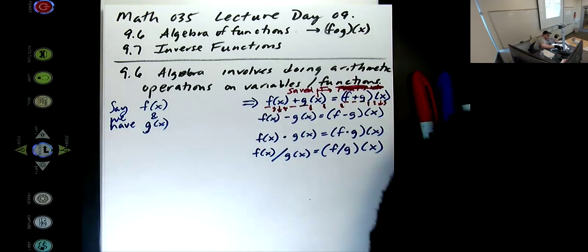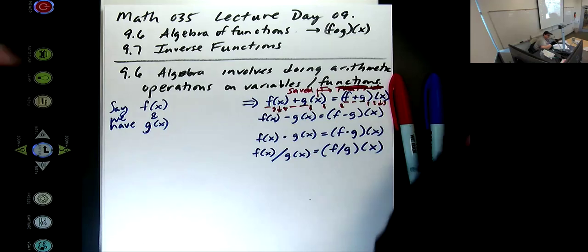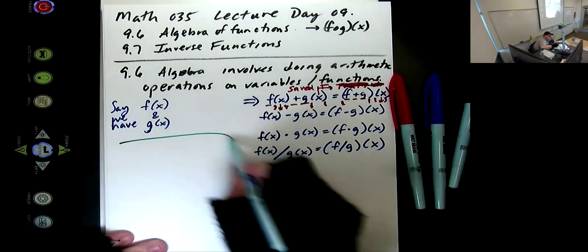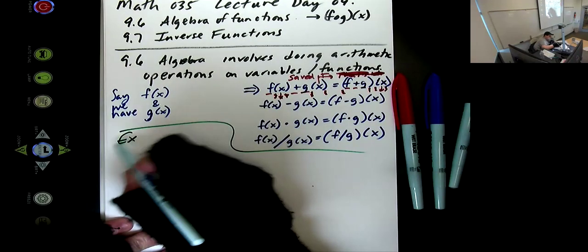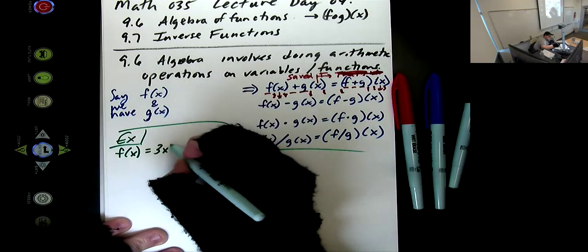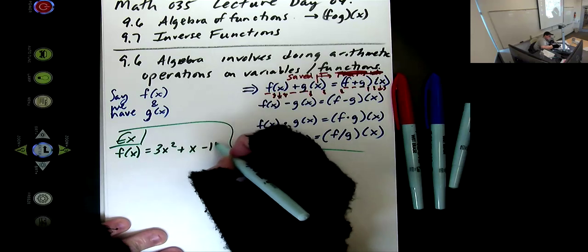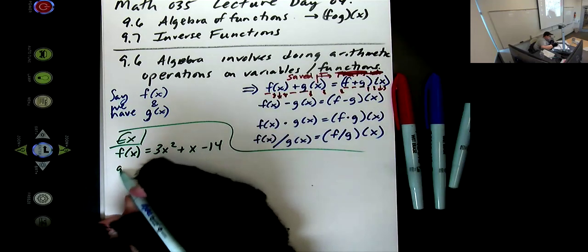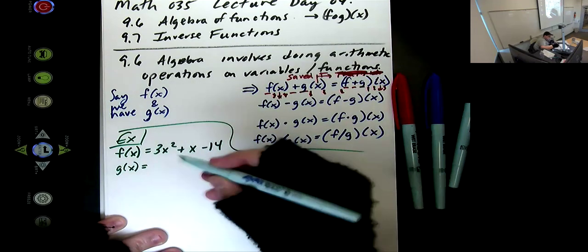Okay, so let's look at a couple functions. f of x is going to equal 3x squared plus x minus 14. And g of x is going to equal 3x plus 7.